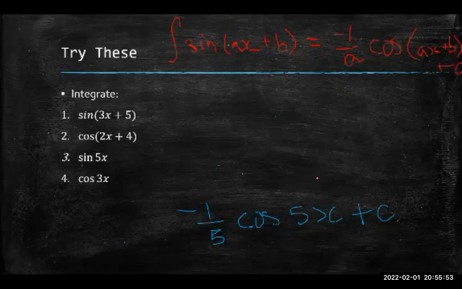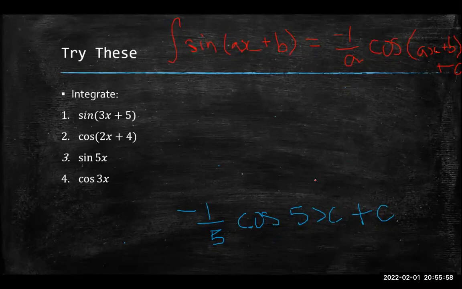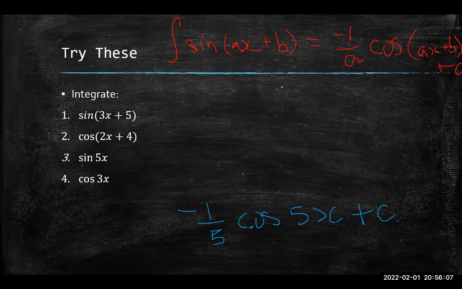But how is this different from the ones we saw before? Well, I only see ax. What happened to my b? Don't panic. b is just equal to 0.